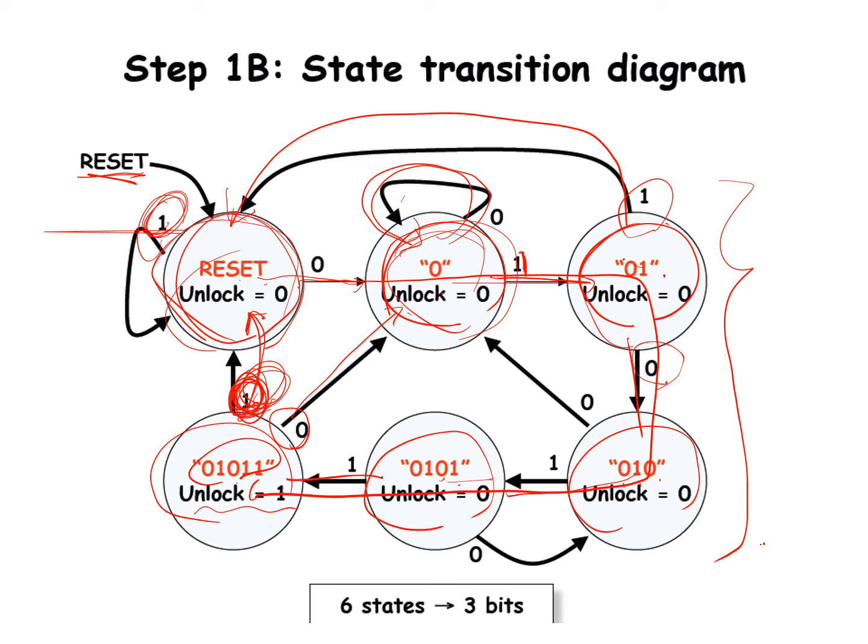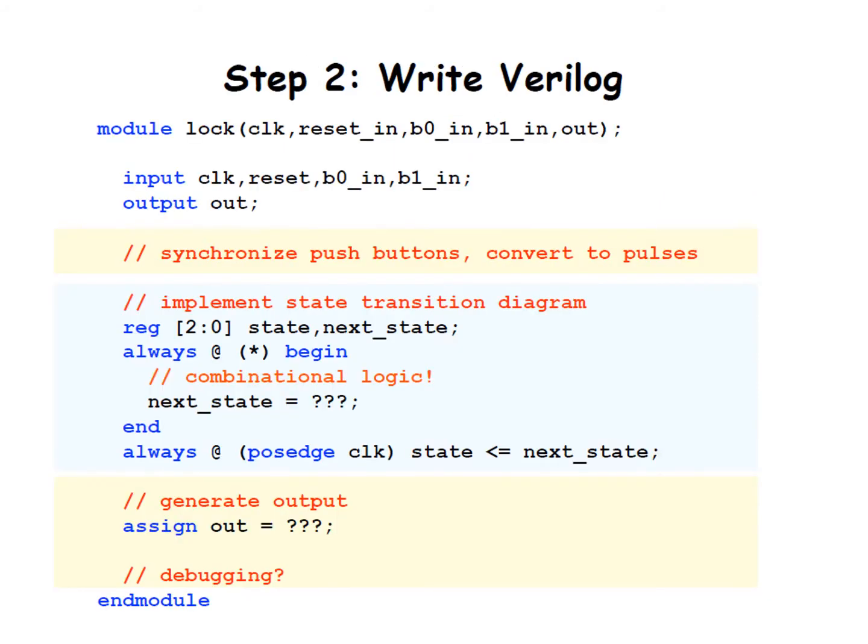Once you determine the state transition diagram, writing it in Verilog is straightforward. Let's write the Verilog. First, the module definition, with all the inputs and outputs described. Now here is the key description.